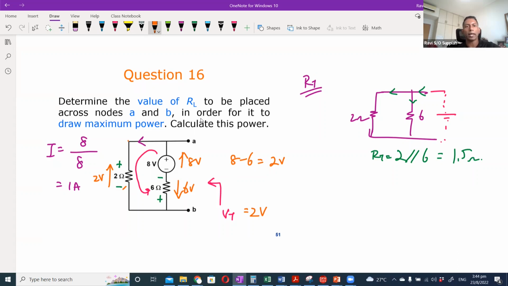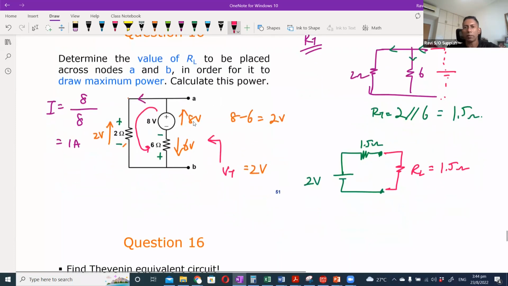All right, so I can draw my Thevenin's equivalent circuit as 2 volts here and 1.5 ohm. Once we know this, we know that for maximum power to be delivered, RL must also be 1.5 ohm.